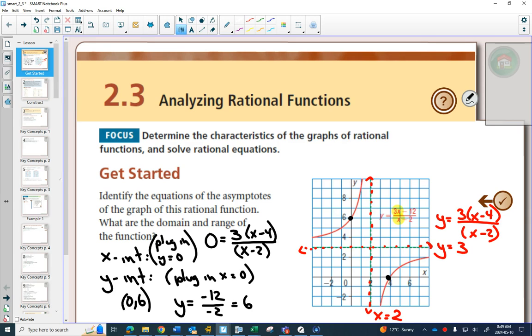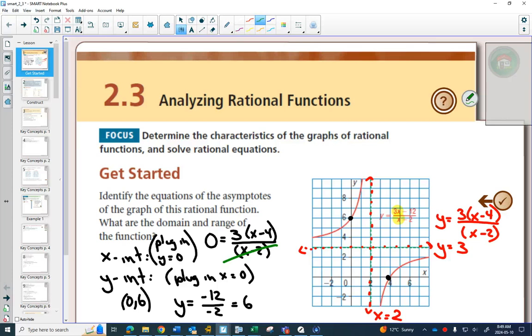And if your function is factored, which it is in this case, and if it's a rational function, basically you can just ignore the bottom, because you could multiply both sides by x minus 2. That would get rid of the bottom on the right, and the other side would stay 0. So you're really looking, where is the top equal to 0? What would make that 0? And since it's factored, it's easy to see that x would have to be 4.